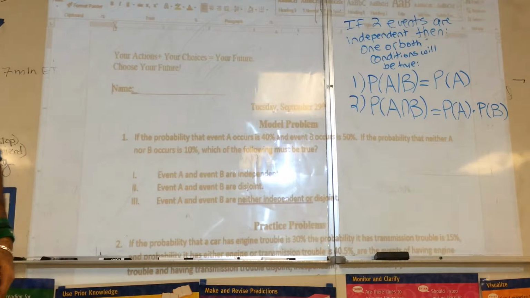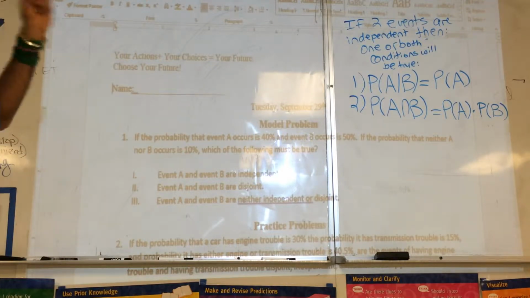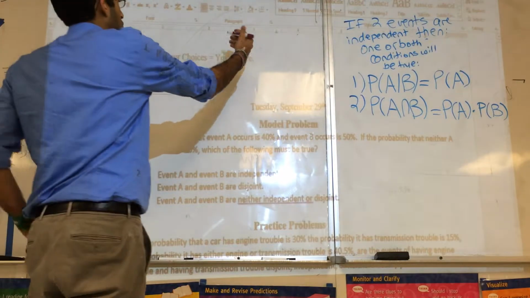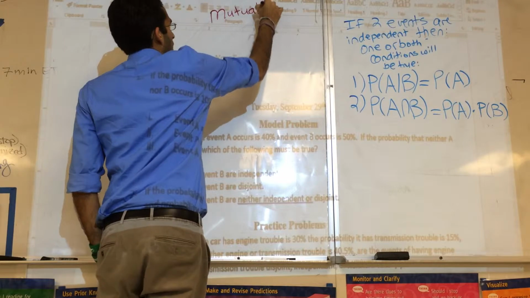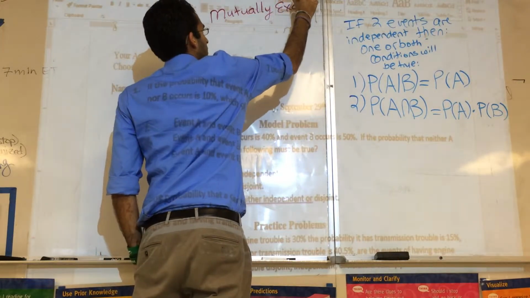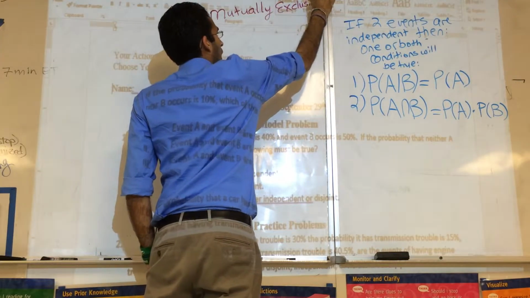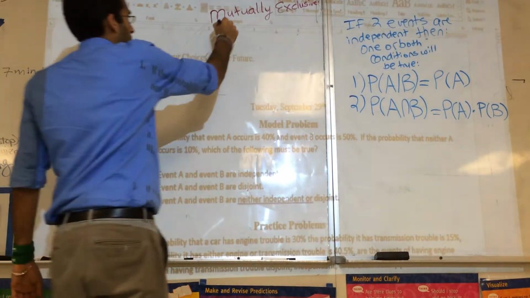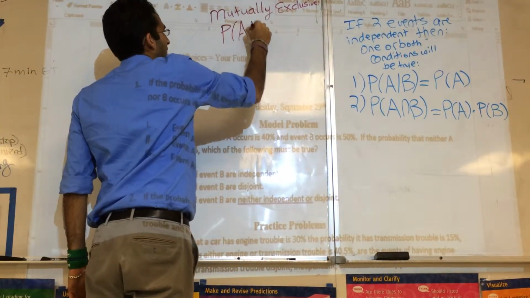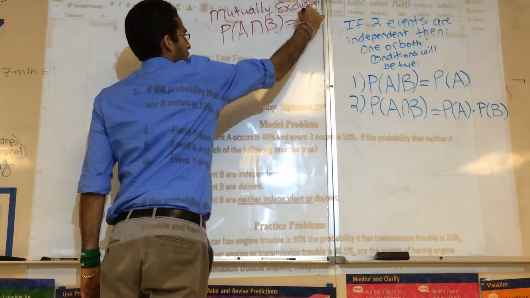All right, so one or both of these must be true. Now, we talked about this already, but let me just remind you, for mutually exclusive events, this must be true. The probability of A and B must be 0.